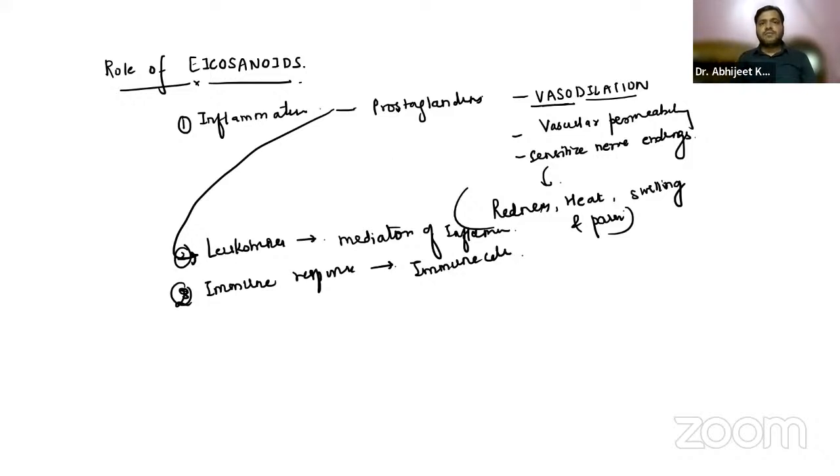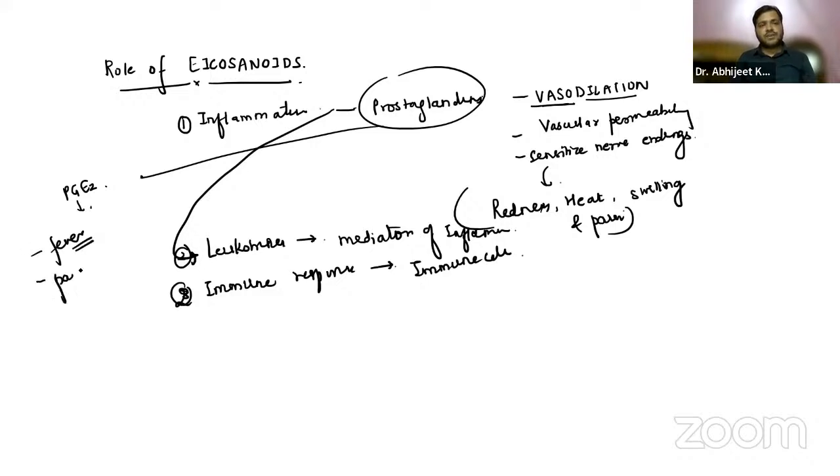Again, if we talk about prostaglandins, guys, we have prostaglandin E2, right? That is involved in the development of fever, okay, and for the sensation of pain also, right? These prostaglandins are acting on the hypothalamus to raise the body temperature and sensitize the pain receptors, right?